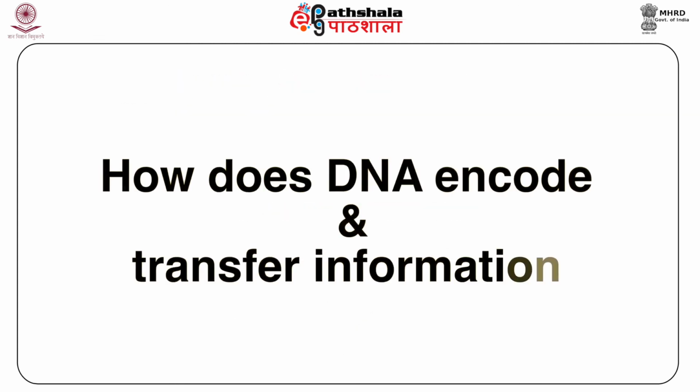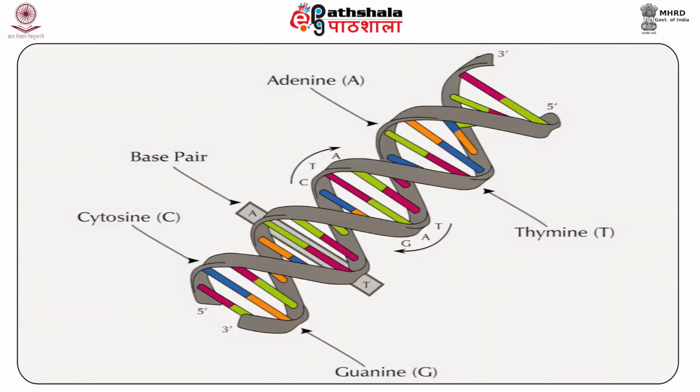How does DNA encode and transfer information? Thus, DNA can be seen as a long sequence composed of the four bases A, T, G, and C. The information is essentially stored in the order of the sequence.